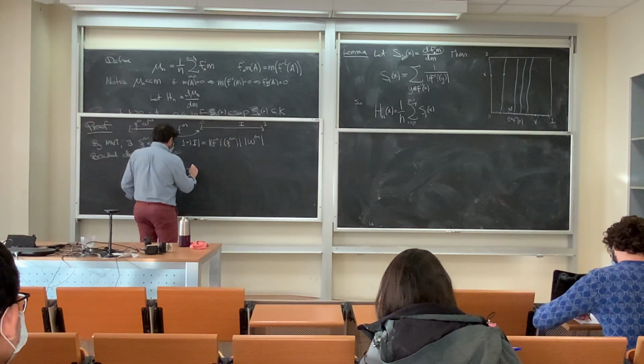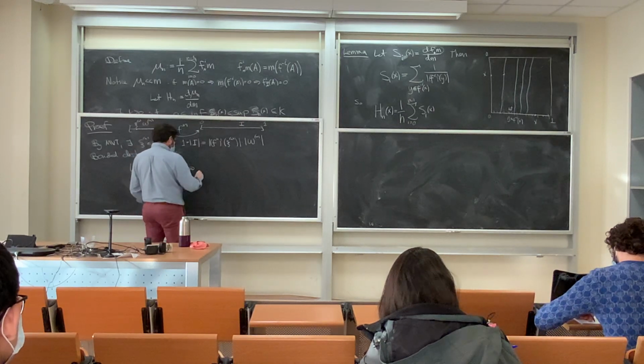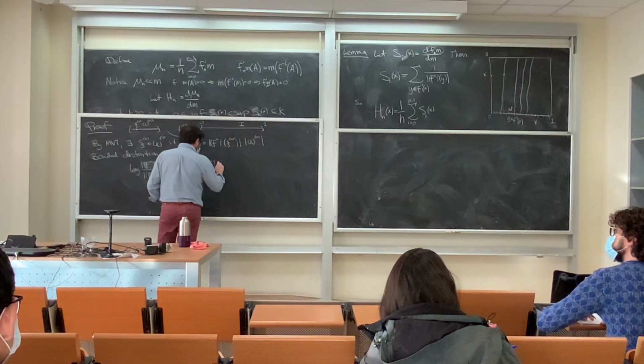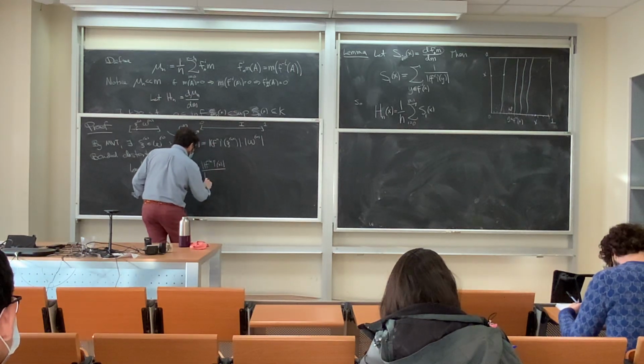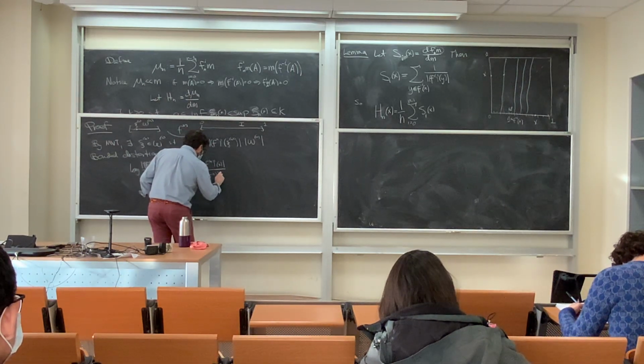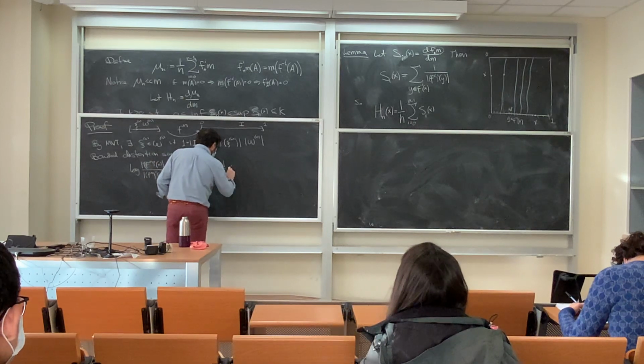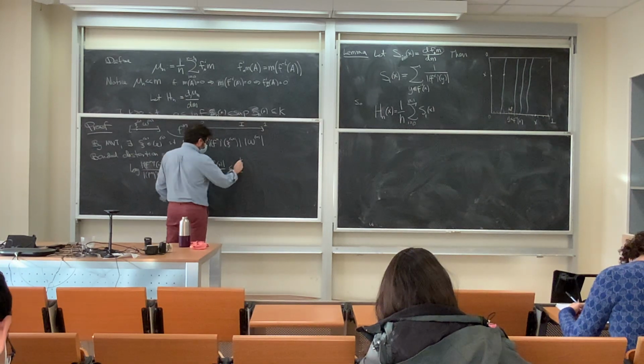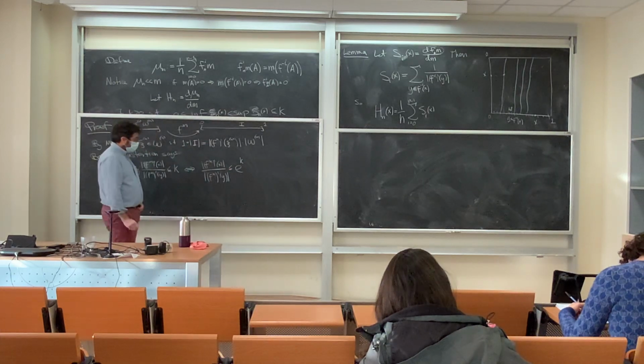We don't really need a log, we can write it as F_n prime x over F_n prime y is less than or equal to e to the k, which is also just some uniform bound.